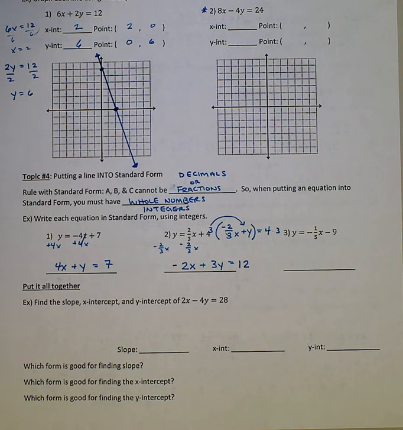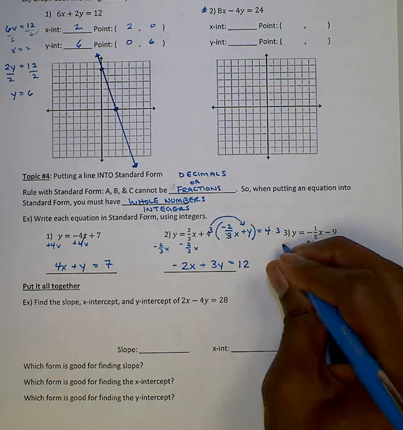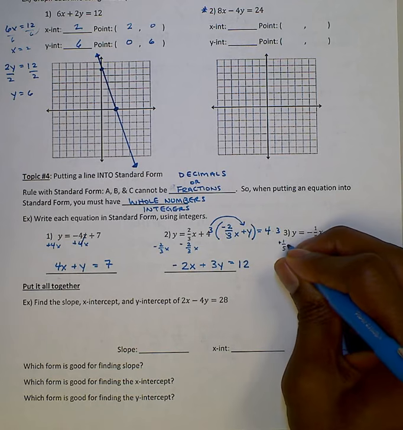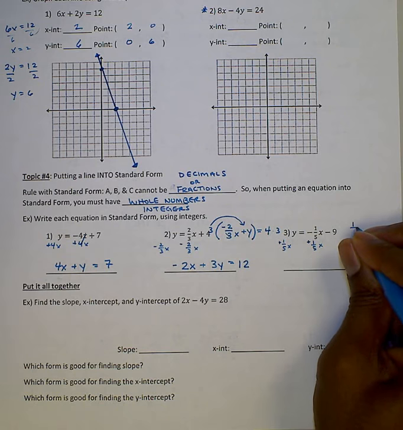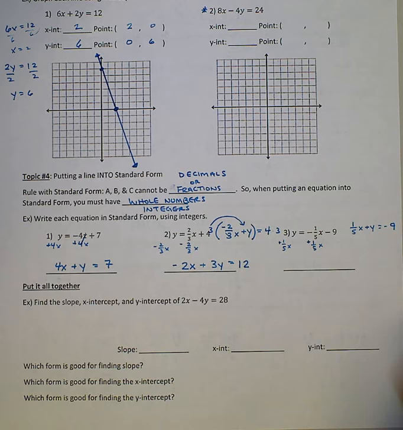Okay, for number 3, we'll do the same thing. I need to make sure that it's in standard form. That means x and y are going to be on the same side. So I'll add 1/5 x to both sides. And so I have 1/5 x plus y equals negative 9. And again, I have this fraction. I need to get rid of it.